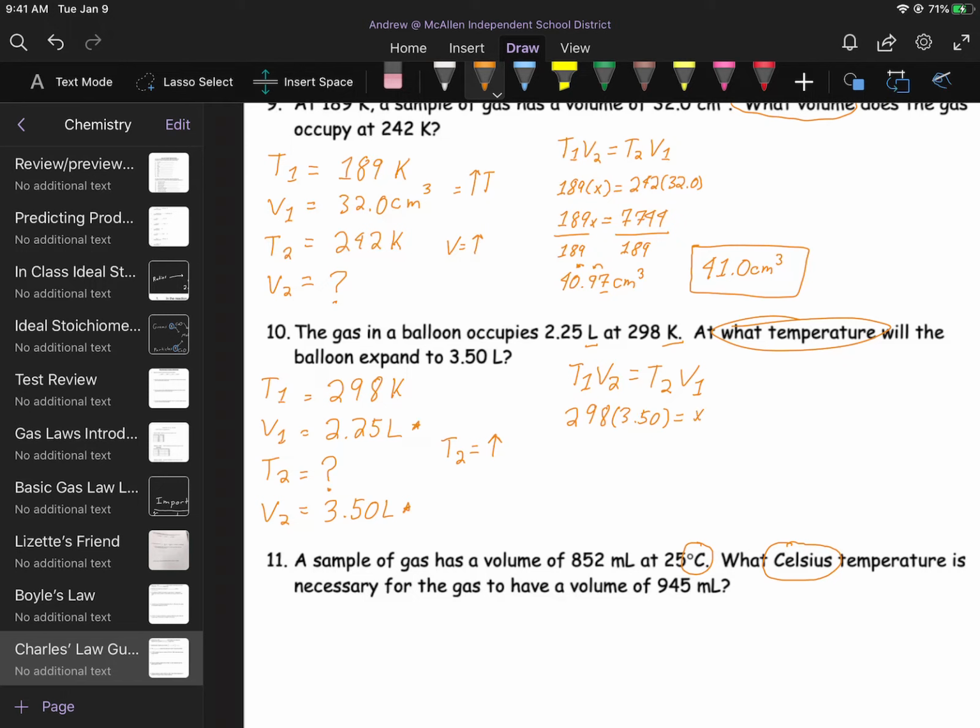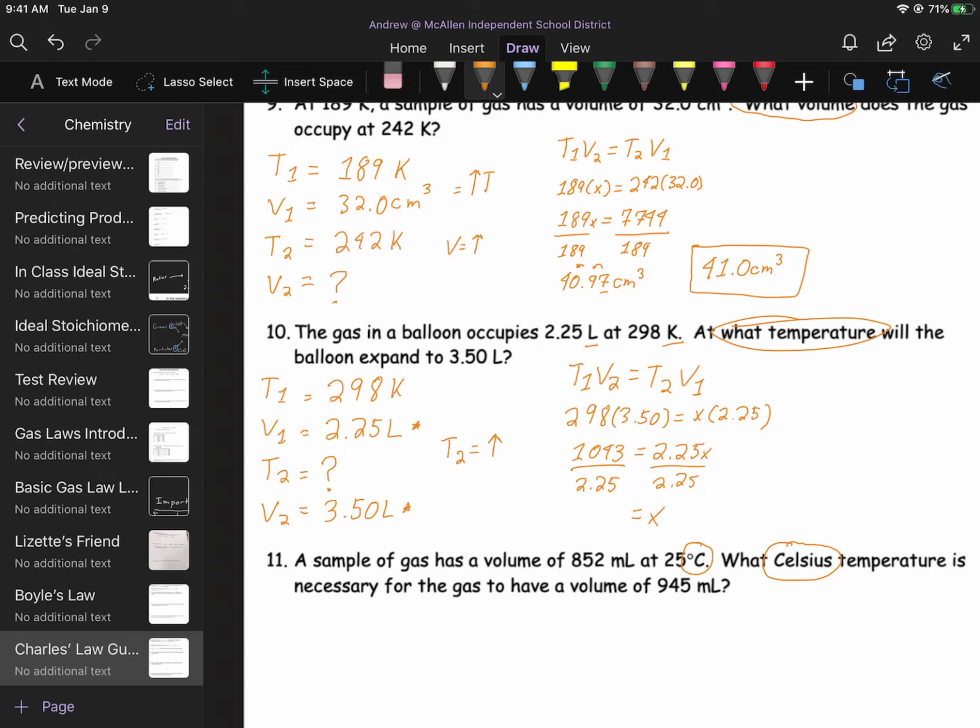T2 is unknown times V1, which is 2.25. So we multiply 298 times 3.50, which is 1,043, equals 2.25x. We're going to divide both sides by 2.25 to get just regular x.